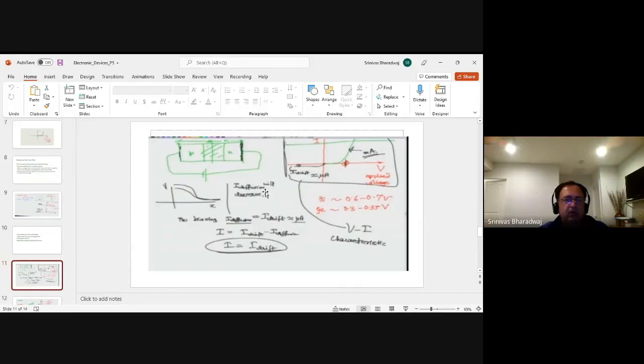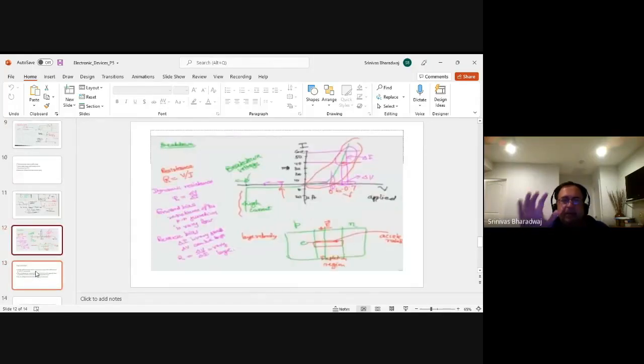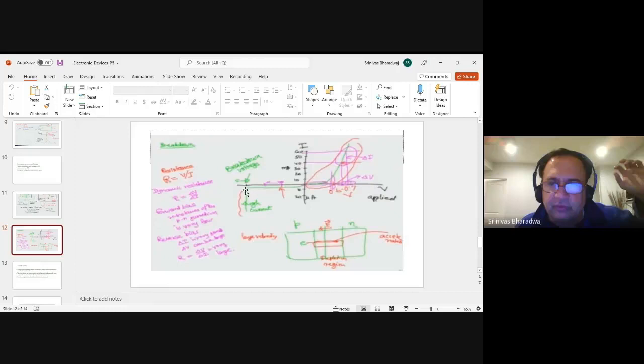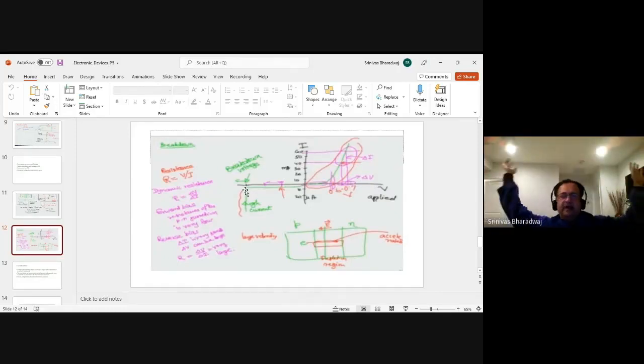Now there is a particular case called avalanche breakdown. That is this point. If you keep pumping up the voltage, more and more, eventually it's just going to give up and let all the current flow. So beyond a very high level of voltage, the reverse also breaks down and you will have very high current. The voltage at which that happens is called the avalanche breakdown voltage.